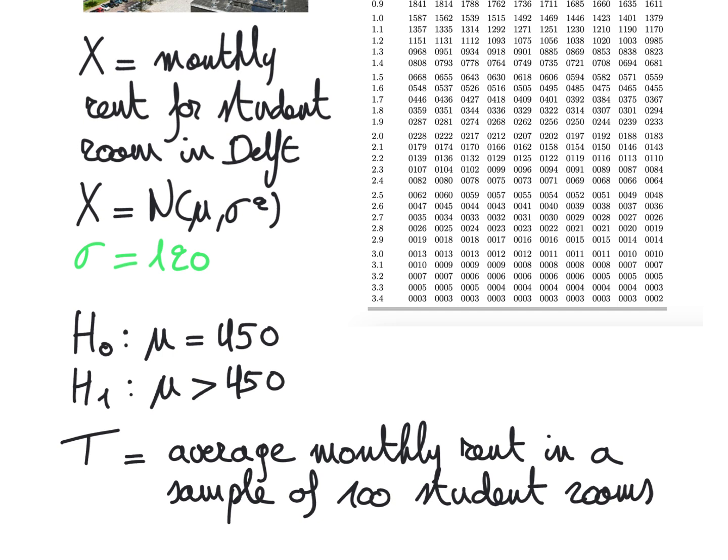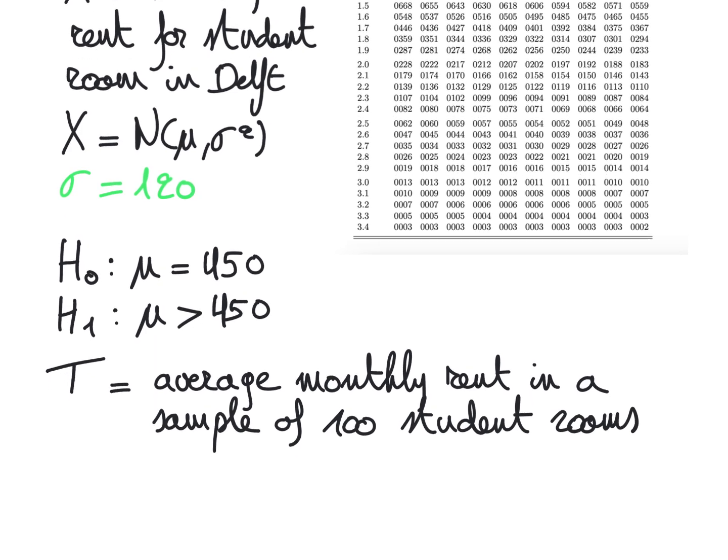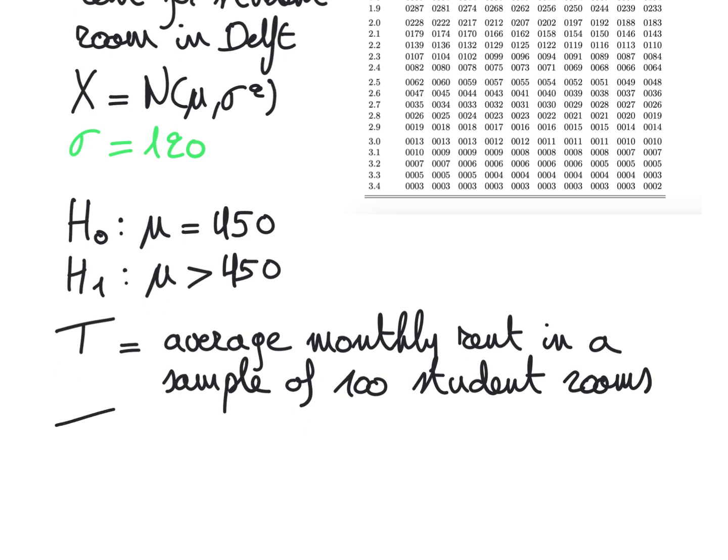Since each of the variables has a normal distribution, we know that T also has a normal distribution, with mean mu and variance sigma squared over n, where n is in this case 100.